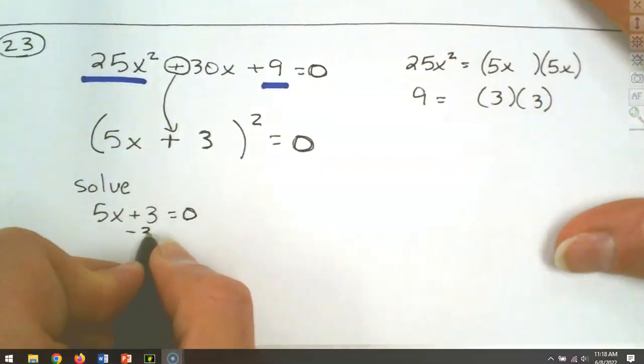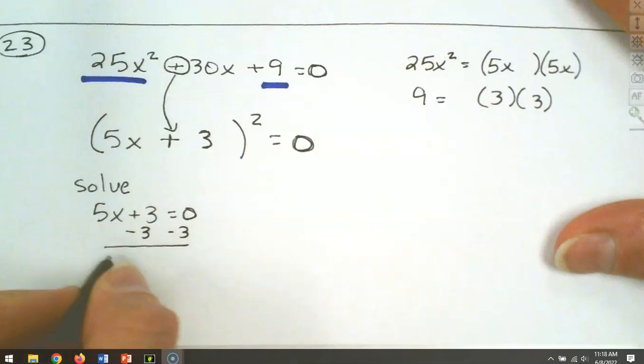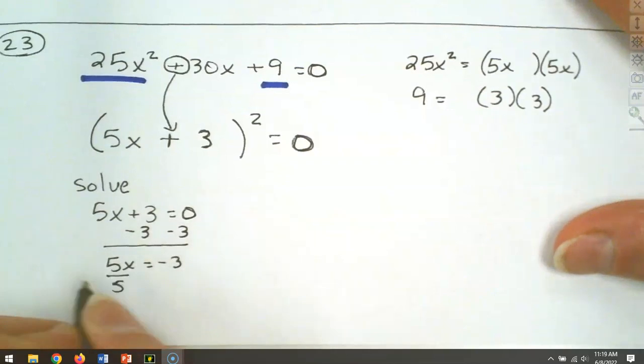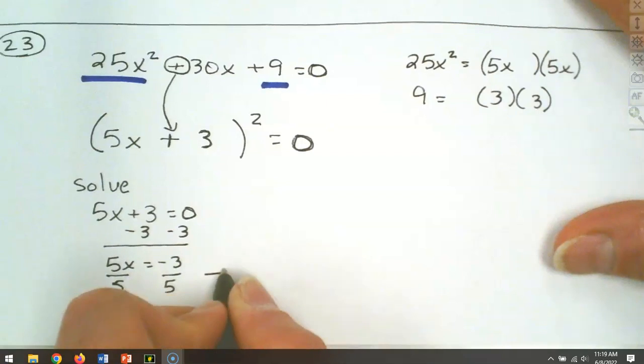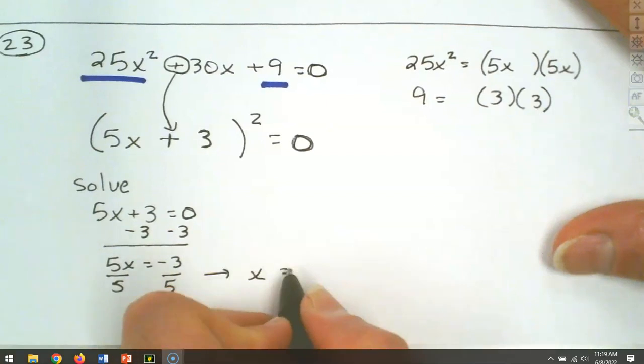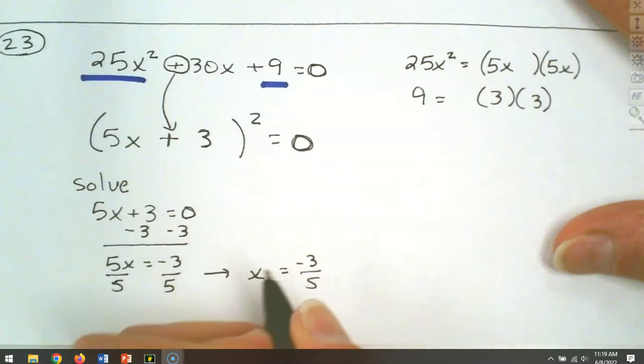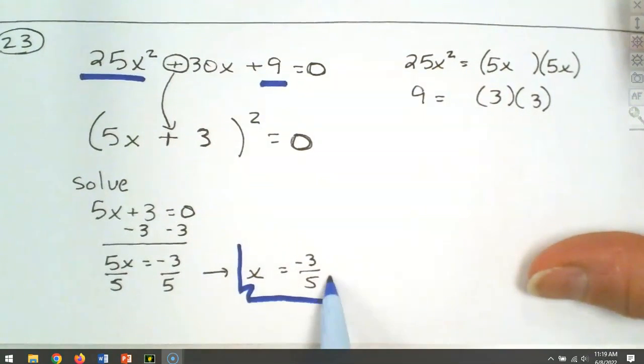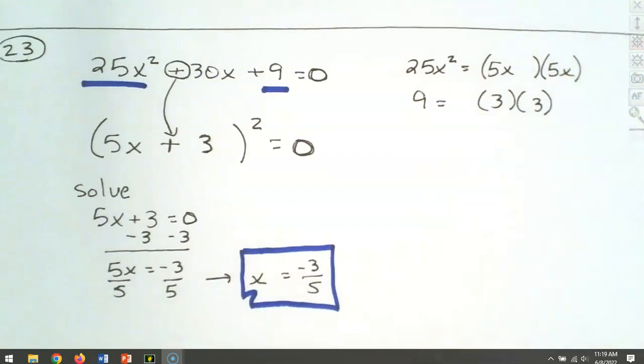So move that 3 over. 5x equals a negative 3. We'll divide by our 5. And that leaves us then with x equaling a negative 3/5. So very, very simple there.